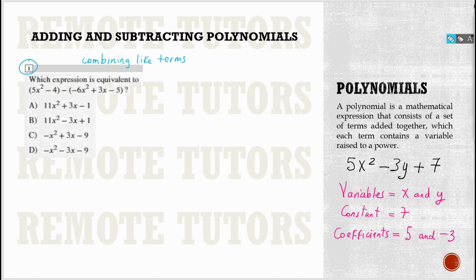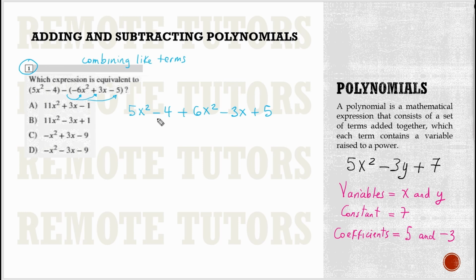Let's see. Which expression is equivalent to? So here we will first remove the brackets from 5x squared minus 4, and then you have to distribute here in order to remove the brackets for the second part. So that is plus 6x squared minus 3x plus 5.